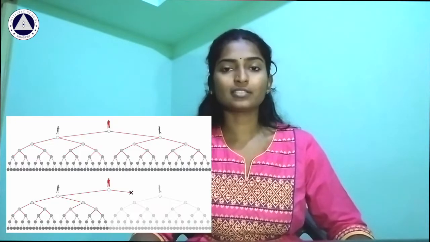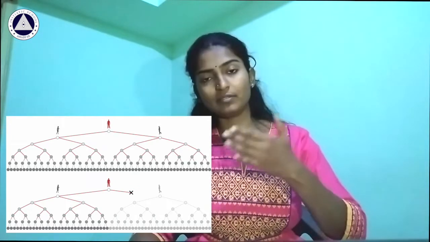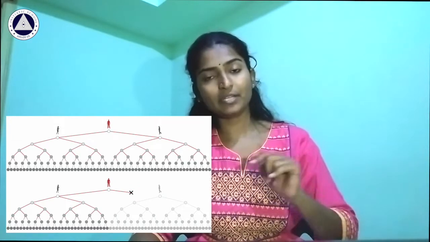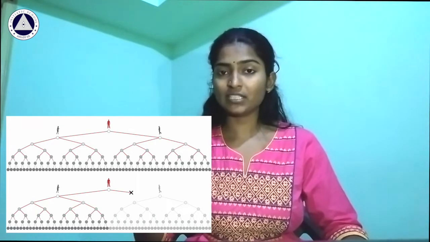Now, we are all scared of this coronavirus. Why? Because its spreading capacity is very high. Take for example, if one person gets infected with coronavirus, he will be able to infect 3 people. Now these 3 people individually will infect 3 other people.